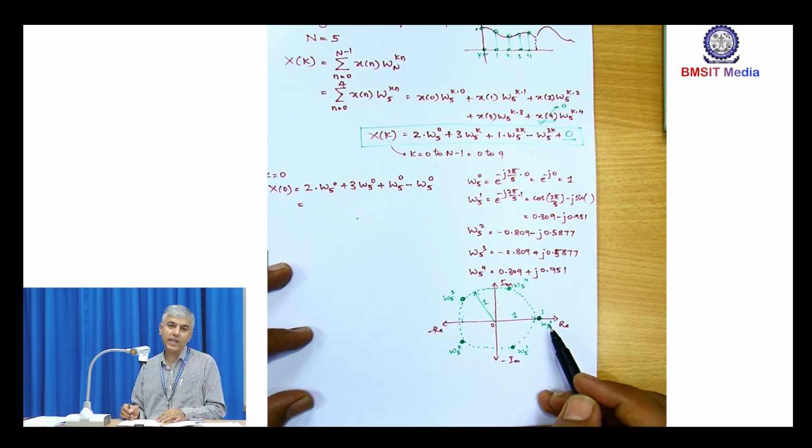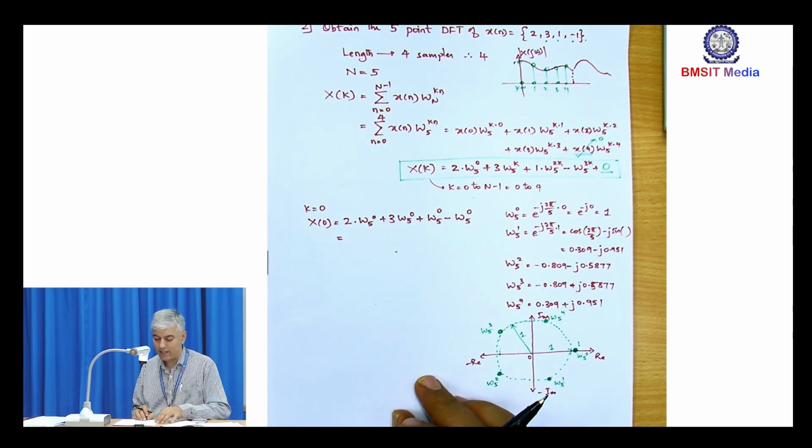So you are encouraged to find out these twiddle factors and plot them in the last page of your notebook, so that whenever you are solving these examples, you can look into those as a ready reckoner and then solve the examples more efficiently.